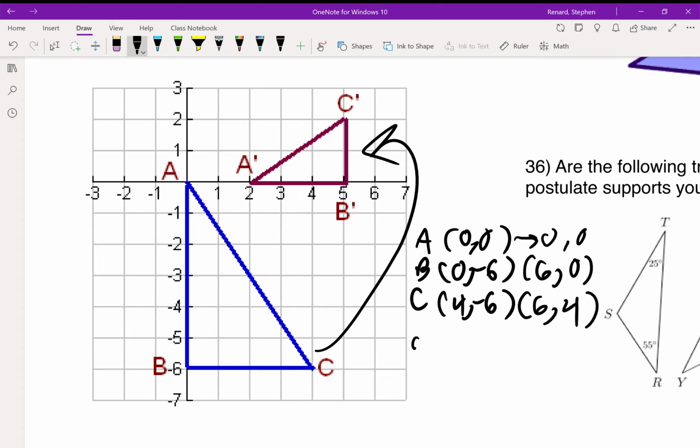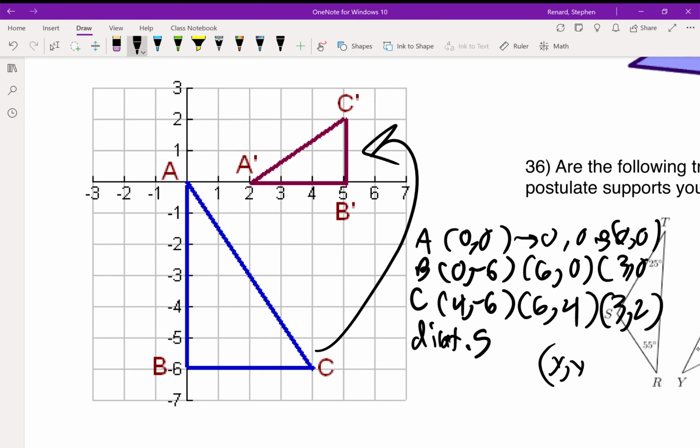We're then going to do a dilation of 0.5. So that stays at (0, 0). This becomes (3, 0). And this becomes (3, 2). We're then going to do a translation of (x, y) goes to (x + 2, y).